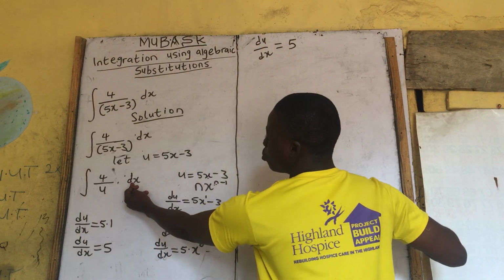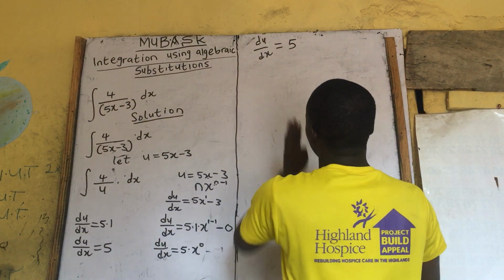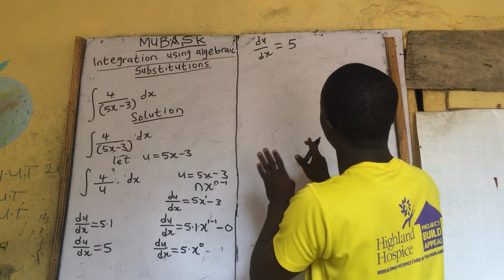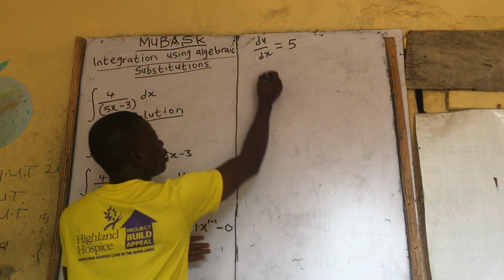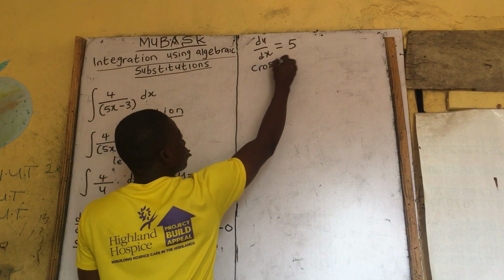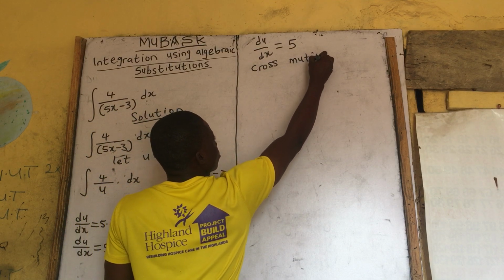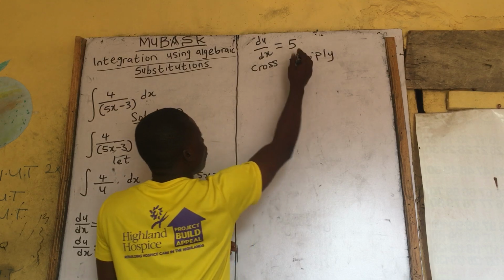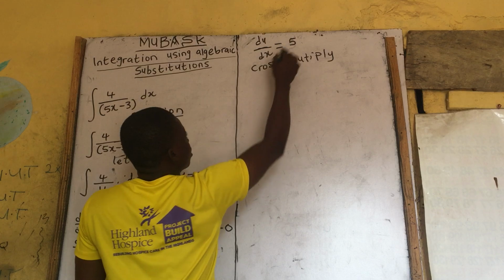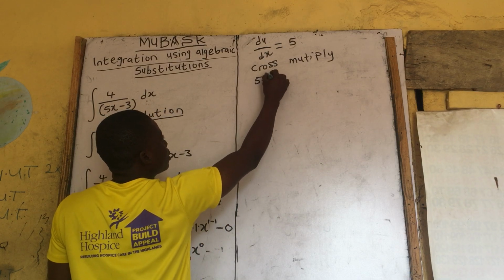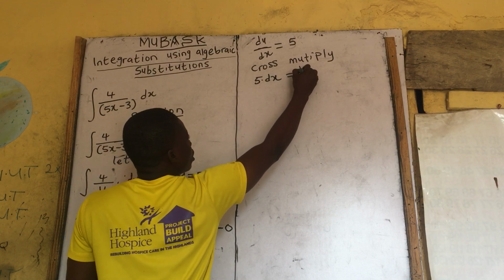But we are looking for our dx. So don't forget, the next step is to cross multiply. If we cross multiply, 5 times dx equals du.